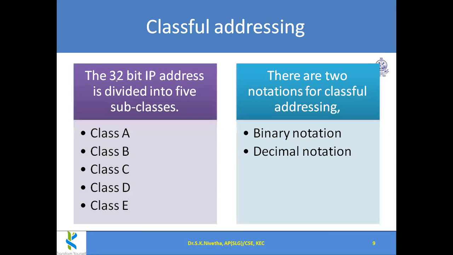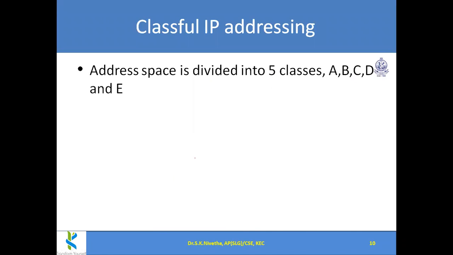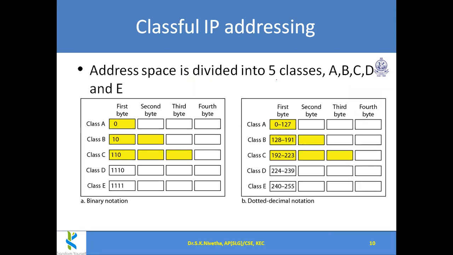In classful addressing, the whole 32-bit address space is divided into 5 classes: A, B, C, D, and E. In both binary notation and decimal notation, we can see which part comes under class A, which comes under class B, and so on. So for all these 5 categories, this is how the division is made.